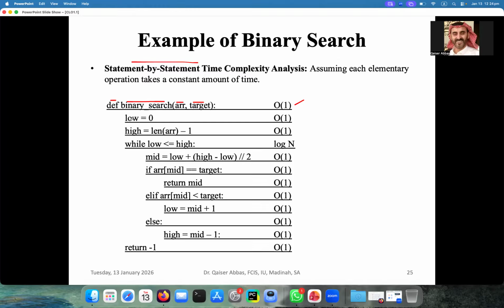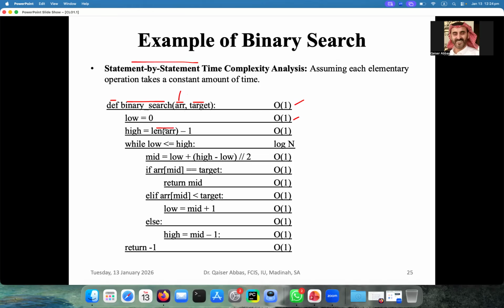So here we are setting two variables, low and high, which will work as the starting and ending index for the array. So low is equal to 0, which is the starting index of the array, and high is equal to what? Length of the array. Low is equal to 0 is an assignment, and for assignment we have a constant complexity, so that's why order of 1.